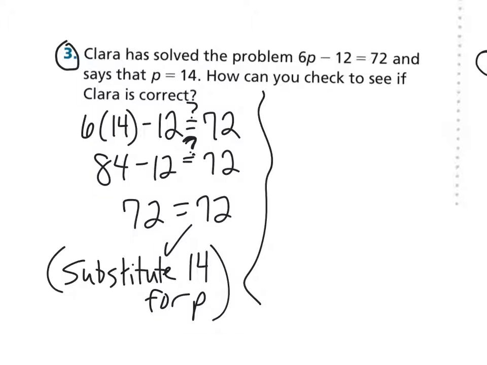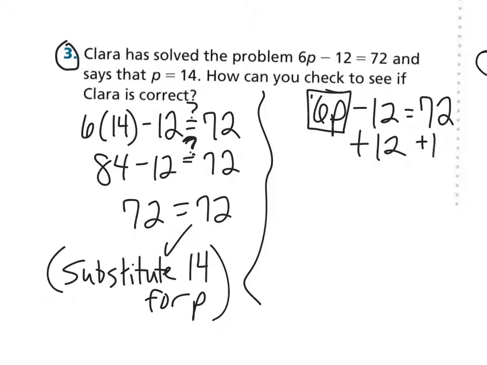The other option is we could just work the problem out and see what we get, see if we get the same answer or not. So on this problem, if we try to get that variable term by itself, they're subtracting 12, so we can add 12 on both sides. We do the same thing on both sides of the equation, which keeps our equation balanced.